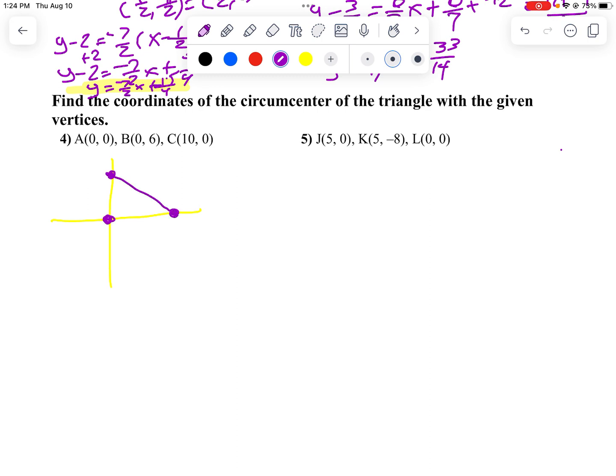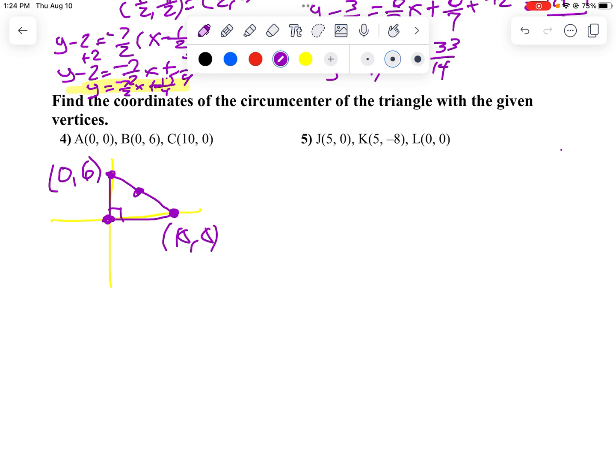Like I said, rough. The one thing I notice, it's a right angle. It's a right triangle. I know my circumcenter of a right triangle is at the midpoint of the hypotenuse. So I'm going to find the midpoint of 0, 6 and 10, 0.